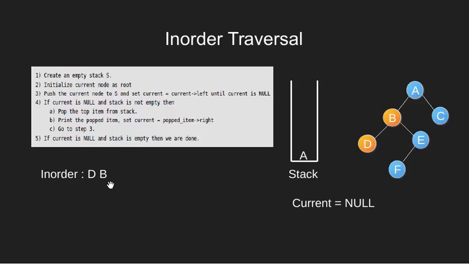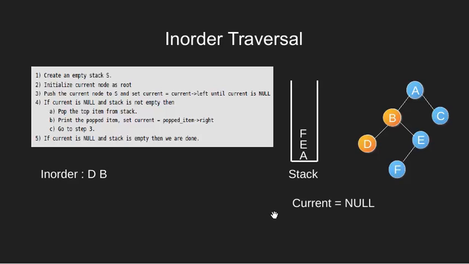Next, we set current to point to the right of B, which is E. We go to step 3. We push E to the stack and make current point to the left of E, which is F. Since current is not null, we push current to the stack and make current point to the left of F, which is null.